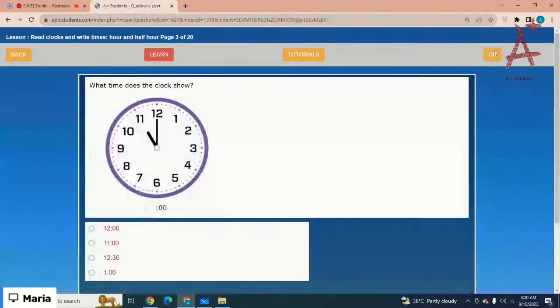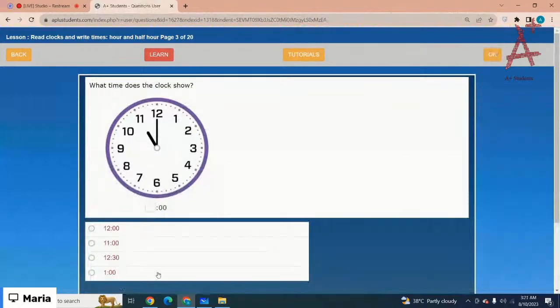Okay, what time does the clock show? So which is the correct option? Yes, it is 11.